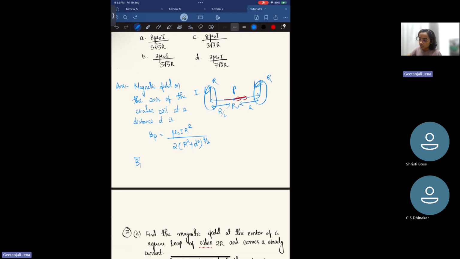So B1 B2 is equal, which is mu naught I r square 2 r square. D is r by 2 square over 3 by 2.